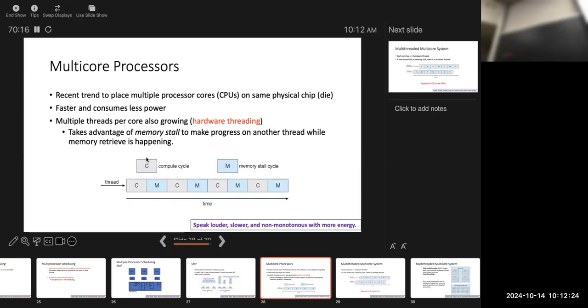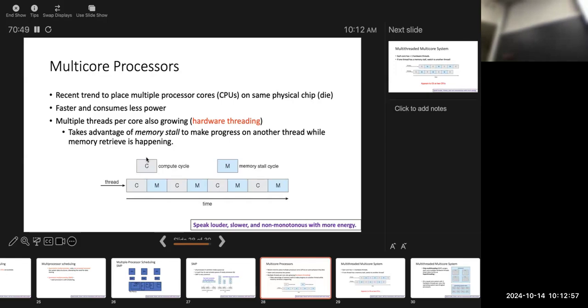Because you are accessing memory, this will take time, and this is known as a memory stall, MS. Which means that your CPU or your core has to wait for the data to arrive from the memory into the register, and when it is waiting, it is not doing anything useful. Okay. So this was the execution timeline of thread 1, right?